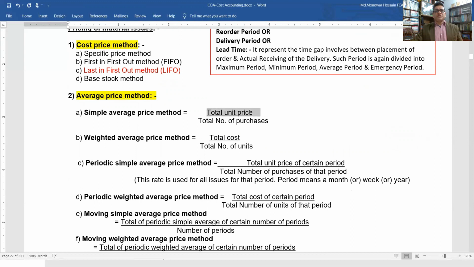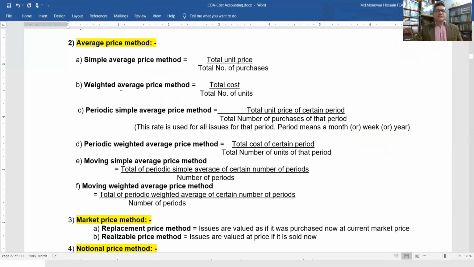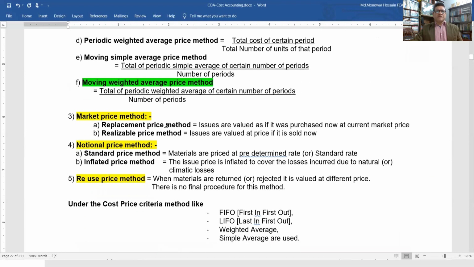We can find it as total unit price divided by total number of purchases, or weighted average, total cost divided by number of units. There are weighted average, periodic simple average, periodic weighted average, moving simple average, and moving weighted average, these different types. So this is the average price method.